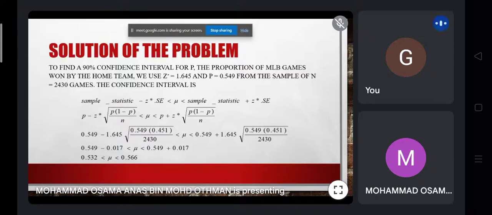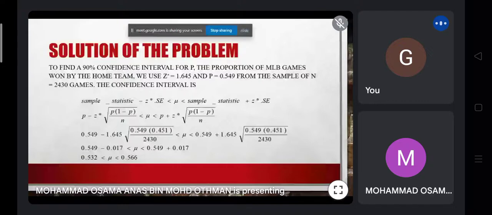The confidence interval is sample statistic minus Z times SE less than mu less than sample statistic plus Z times SE.